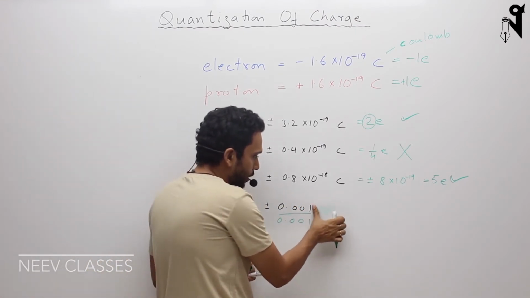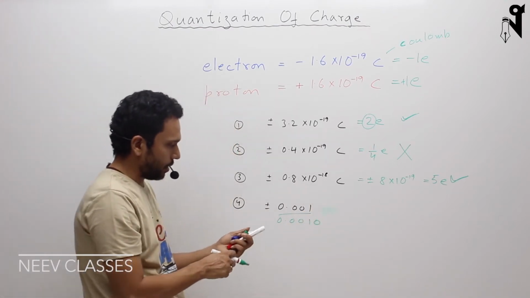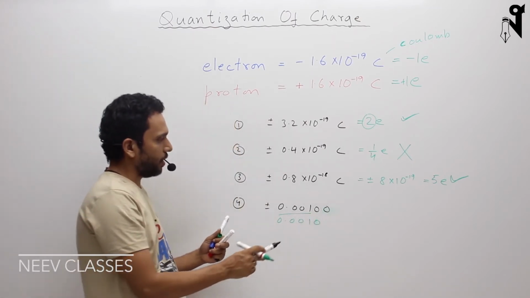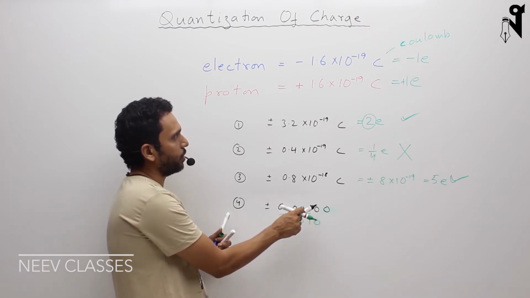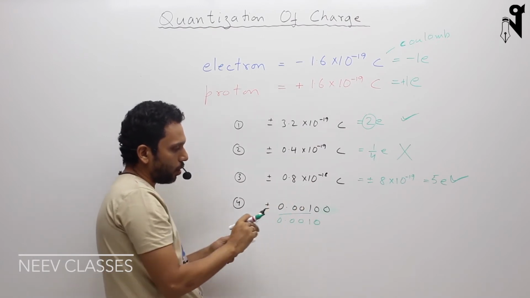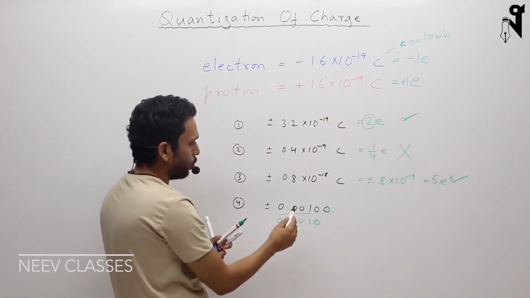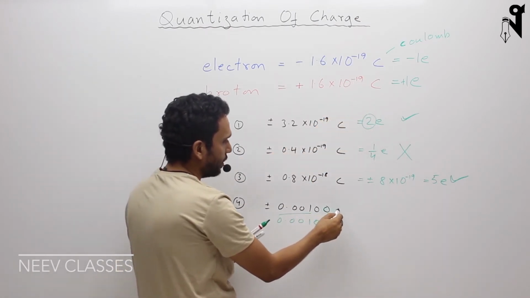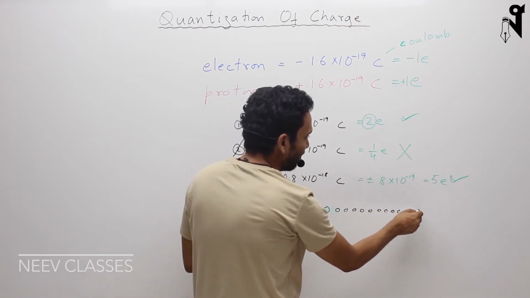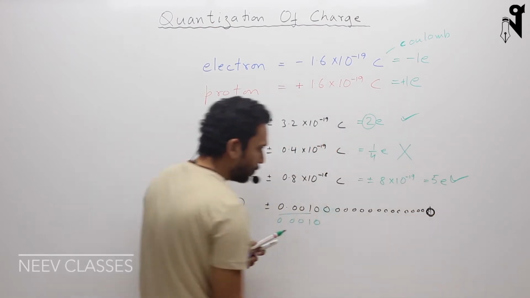So if it was not mentioned, we don't know whether it is a 0 over here or not, and it won't matter much, because ultimately if I have to see how many multiples of the elementary charge this is, then an extra E or one less E is going to make a difference after 19 zeros. 1, 2, 3, 4, 5, 6, 7, 8, 9, 10, 11, 12, 13, 14, 15, 16, 17, 18, 19. So here is where the difference will come.